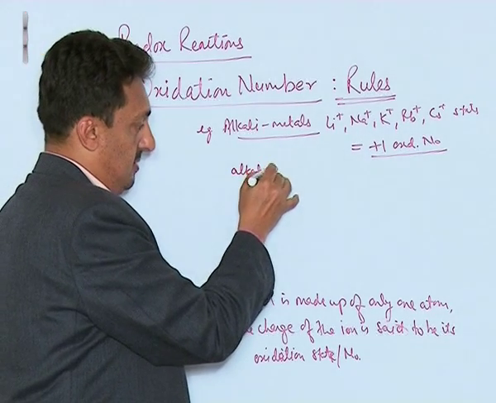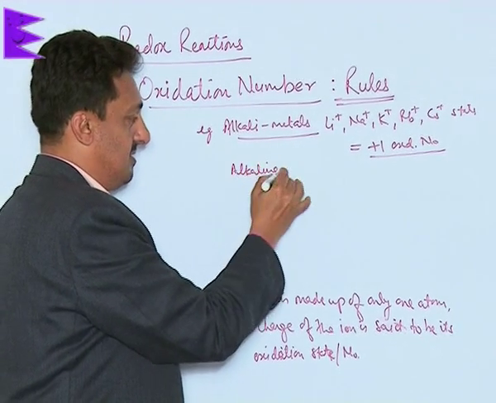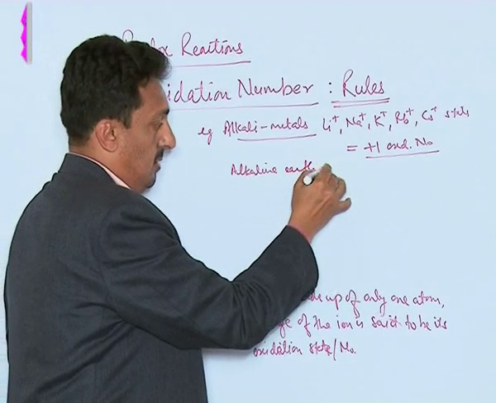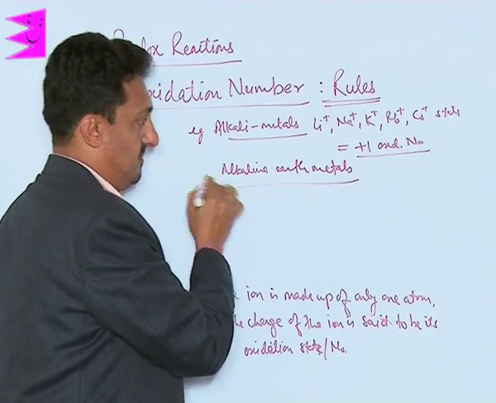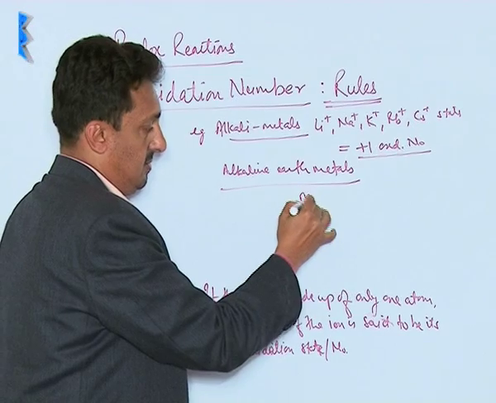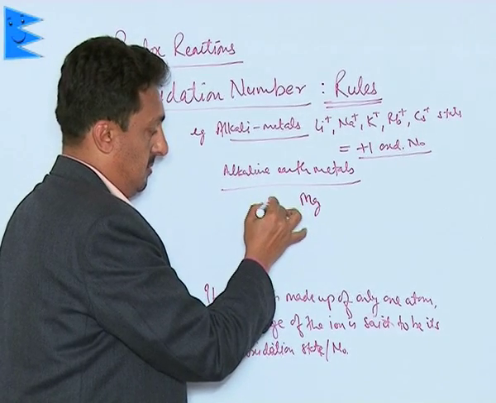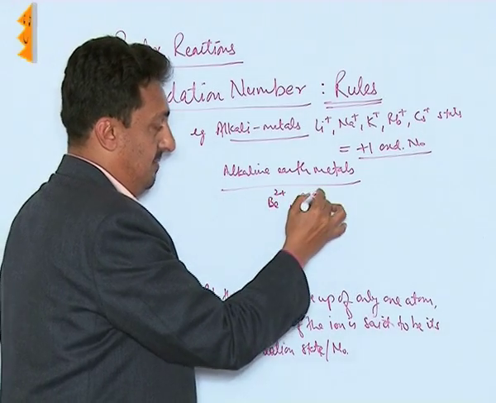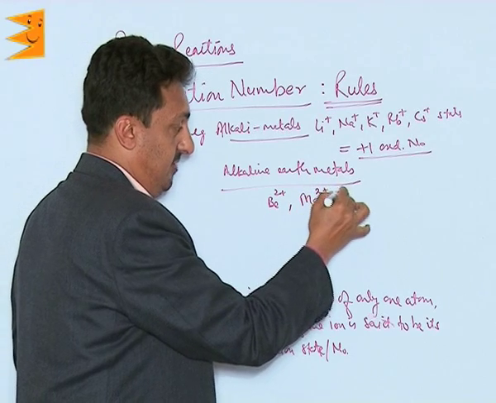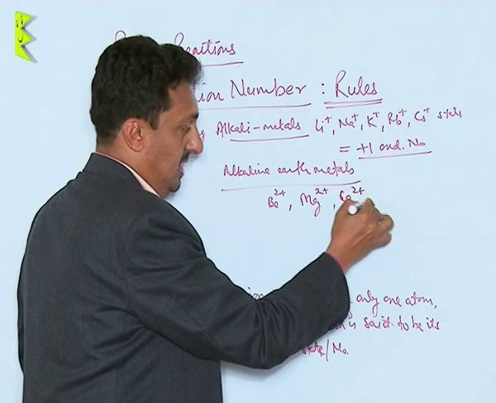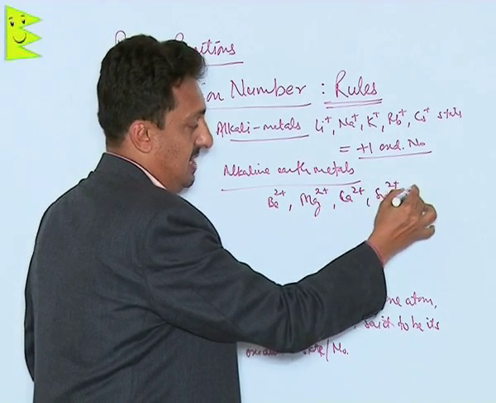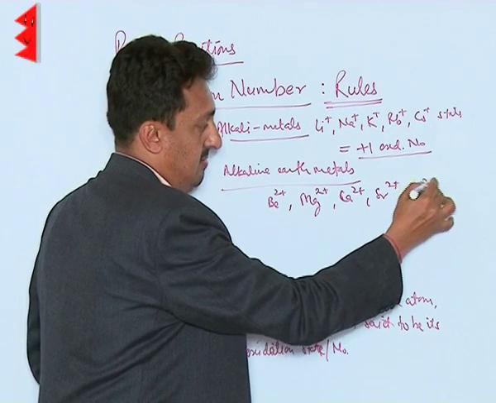Similarly, alkaline earth metals: Be2+, Mg2+, Ca2+, Sr2+ and Ba2+.